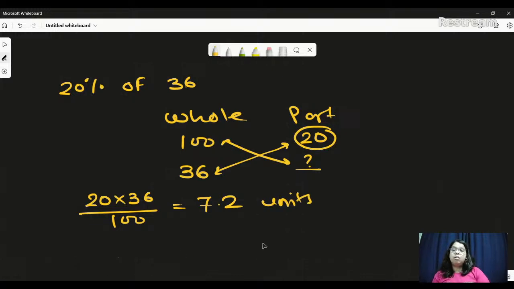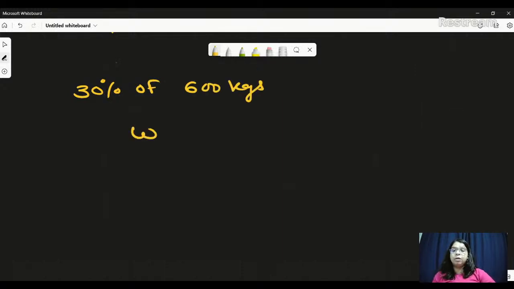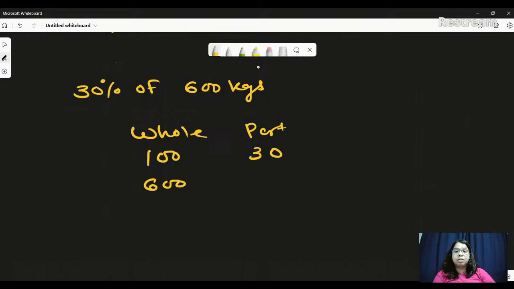Okay. Now let's see what will be 30% of 600 kgs. So what will I do again? Whole and part. So when the percentage is given, you always take your whole as 100 and part as 30, and then you take your 600 like this, and then question mark.